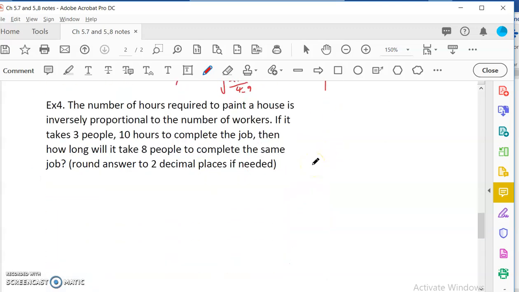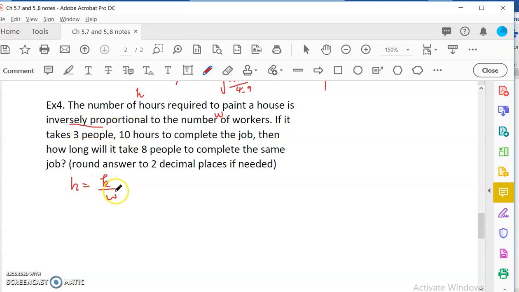Last example: the number of hours required to paint a house is inversely proportional to the number of workers. They don't have any variables, so we just invent some. We say h for hours to paint a house, and w is the workers. Okay. So hours is equal to k over w, right?